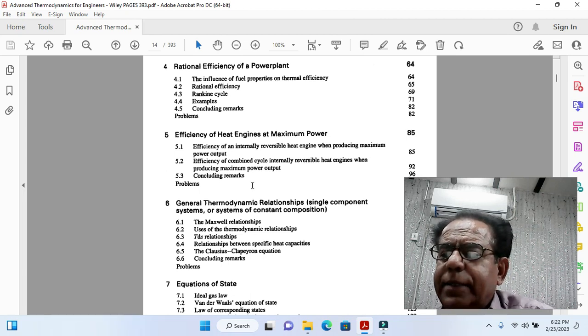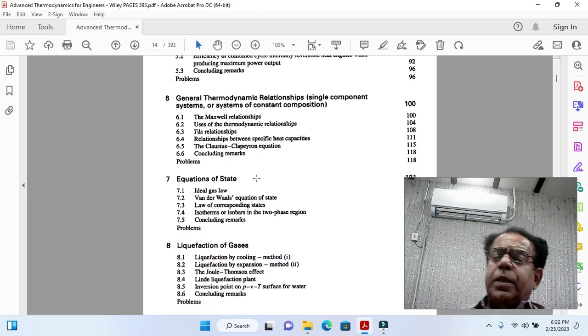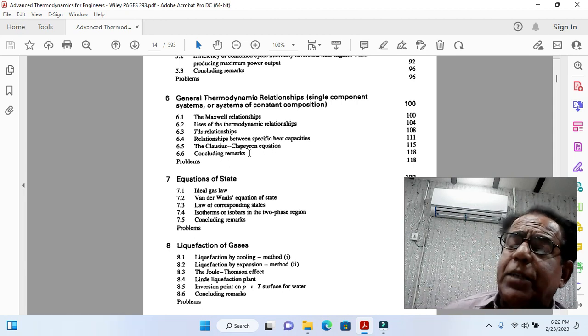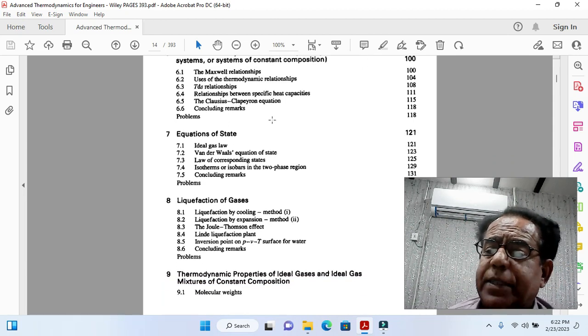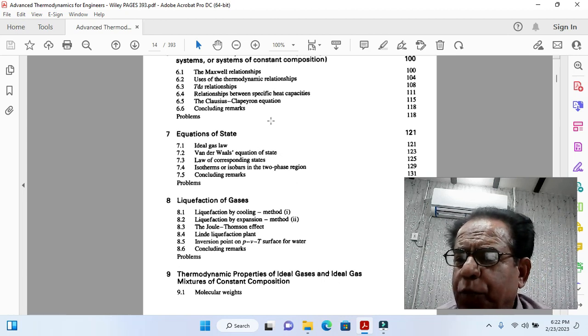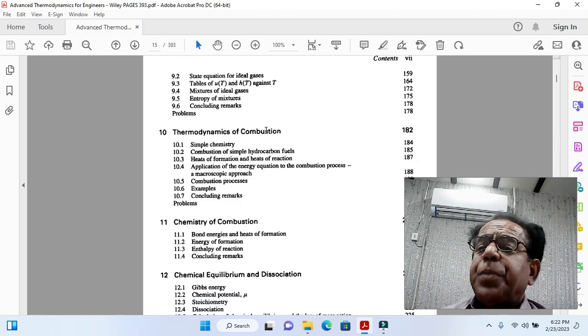Single component systems, or systems of constant composition. Equations of state. Liquefaction of gases. Thermodynamic properties of ideal gases and ideal gas mixtures of constant composition.